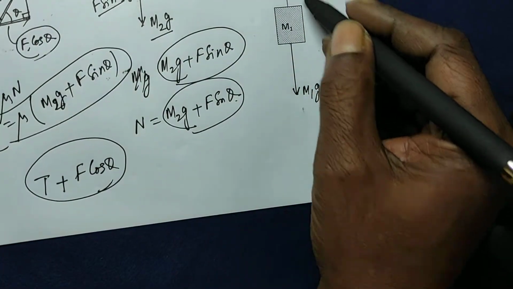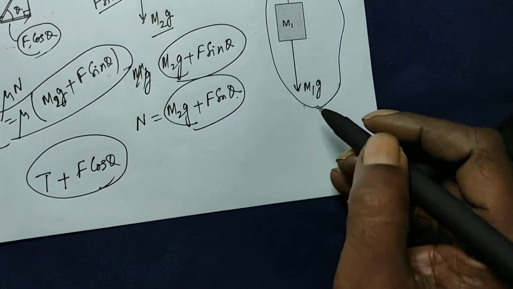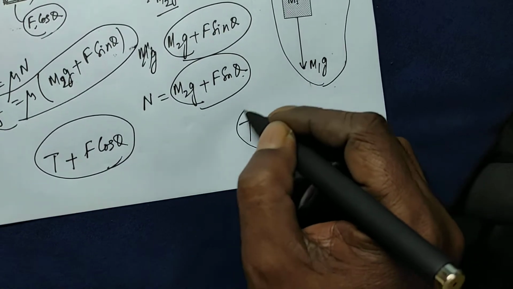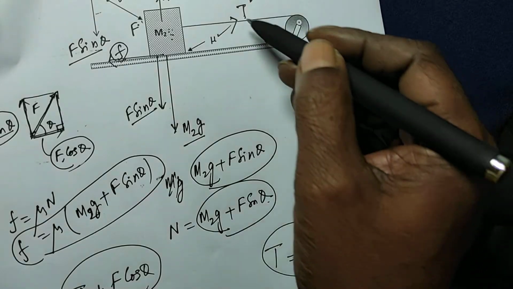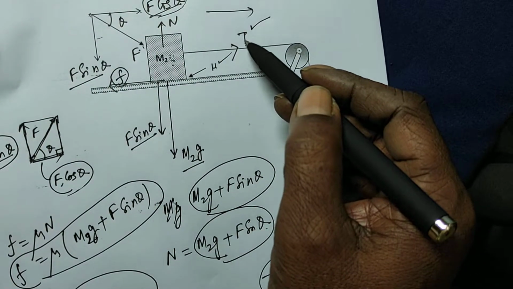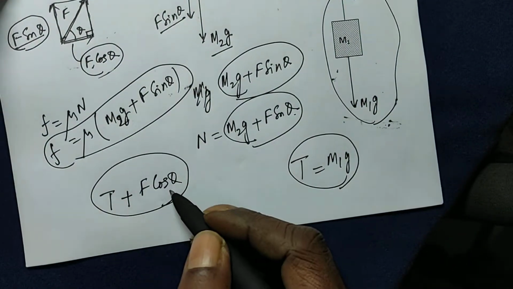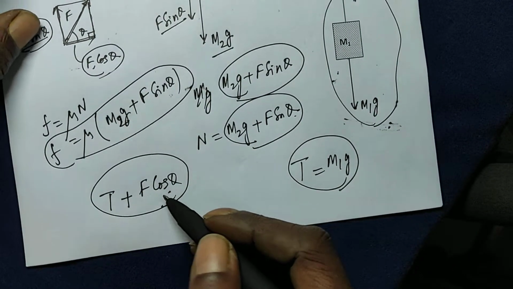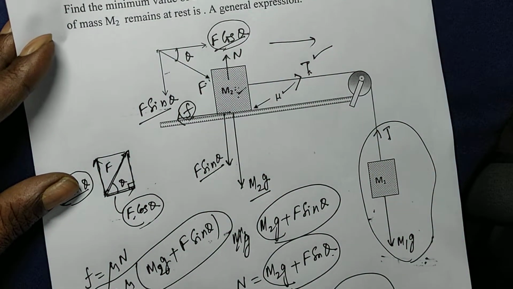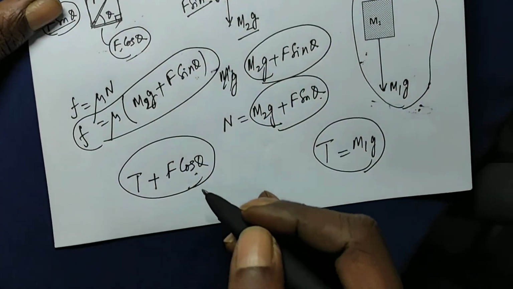So the same T, if you look at this situation, your T is equal to m1 times g. So here the net force towards the right is T plus F cos theta, and if that is equal to the force of friction, then m2 will be at rest. So that is to be understood.